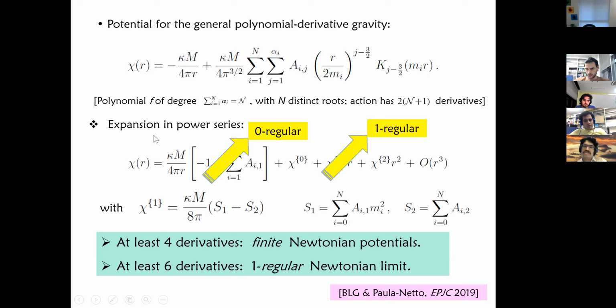So I'm going to call a potential without this diverging term 0 regular, that is regular in the standard sense, and the potential that doesn't have the linear term in R, 1 regular. So we can say that higher derivative gravities with 4 derivatives are 0 regular and have regular potential. With at least 6 derivatives, they are 1 regular. 1 regularity means that you don't have curvature singularities.